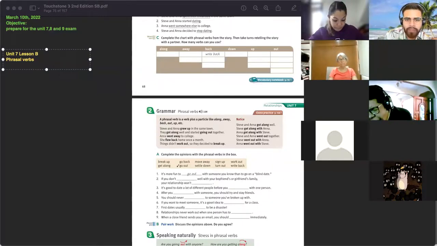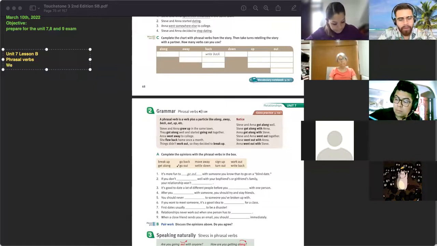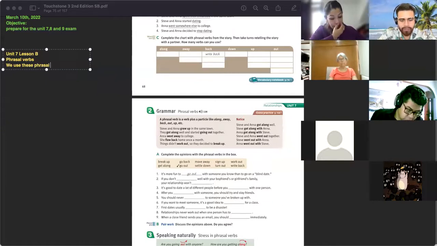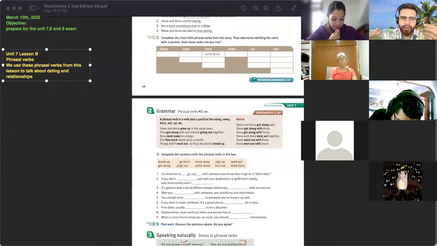But these phrasal verbs in particular, we use these phrasal verbs from this lesson to talk about dating and relationships. All of them are about dating and relationships.